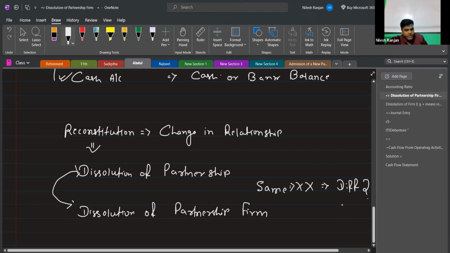Now we have to prepare 4 accounts in case of dissolution of partnership firm. The first is the realization account. A realization account is also different from revaluation account.